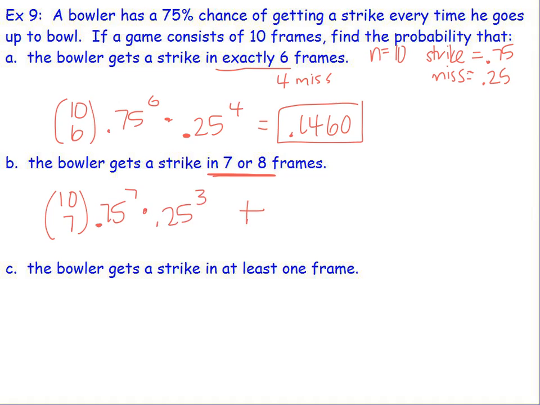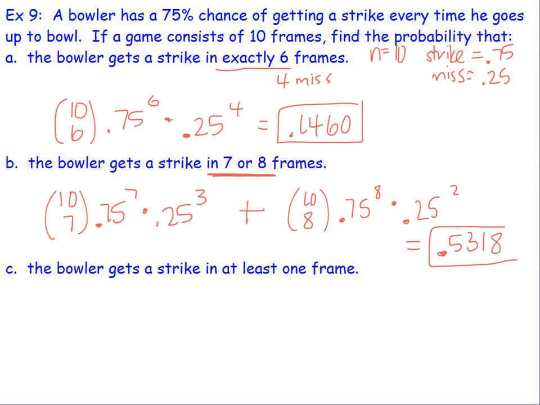Other case, the 7s change to an 8, and the number of misses goes from 3 down to 2. So 10 with 8 strikes, 0.75 to the power of 8, and 0.25 to the power of 2, because 8 plus 2 is 10. Type both cases in all at one time. You'll get 0.5318.